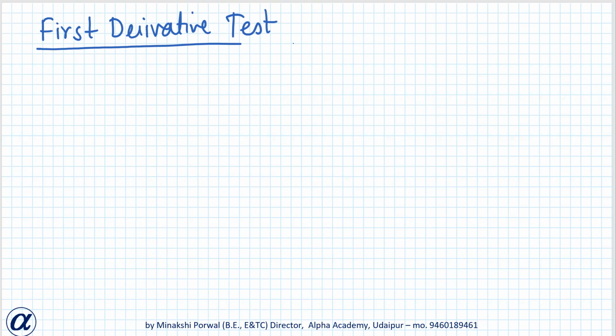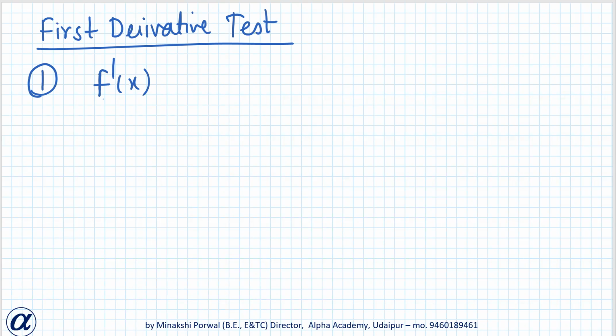There are two tests to determine the maximum and minimum values. First is the first derivative test and next is the second derivative test. So first we are going to discuss the first derivative test. For the first derivative test, the first step is that whatever function is given, we differentiate it and find f dash x.